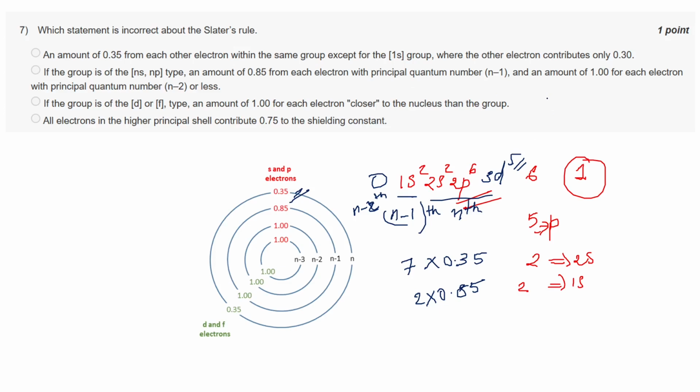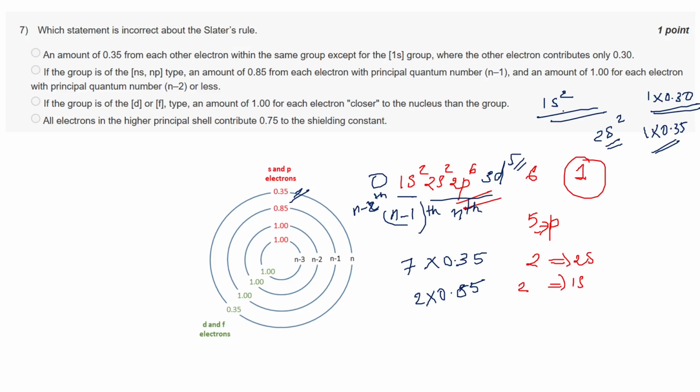And there is a special case, that is for 1s. If the electronic configuration is just 1s2, and I want to calculate the effective nuclear charge for one electron in the 1s, then there is only one other electron, right? So 1 into 0.30. This is the special case for 1s. In other cases, for example, if it is 2s2 and I have to calculate the contribution, it will be 1 into 0.35. Whenever we are calculating the contribution from the same shell, it is 0.35, except for 1s2.